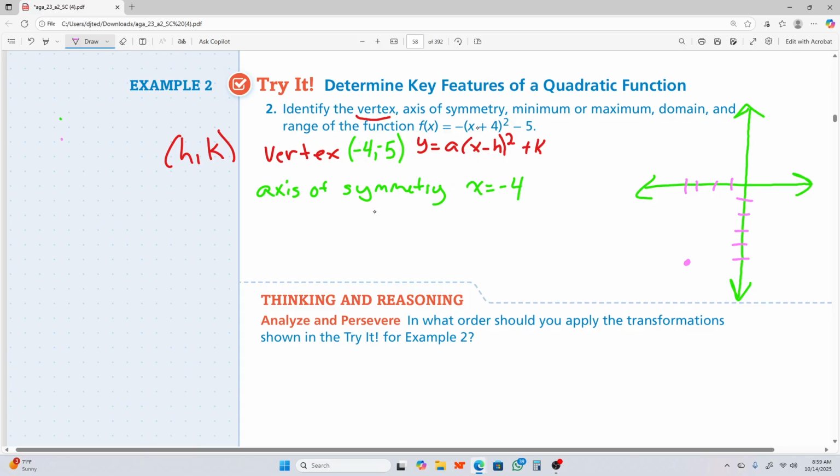That's okay. 4 squared is 16, but it's negative. -16 minus 5, -21. Our y-intercept is going to be way down at -21. So our graph is going 1, 2, 3, 4, something like this for our mirror image, right? Parabola.